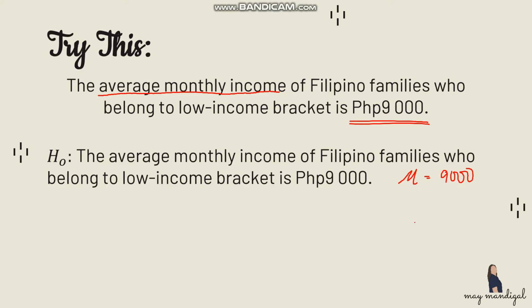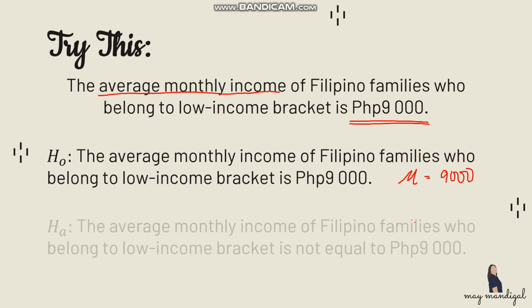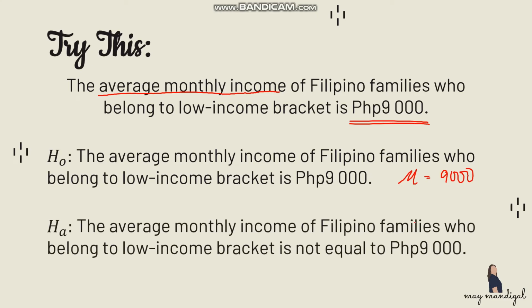For our alternative hypothesis, remember, we want to state that there is a difference between our population parameter and our hypothesized value. So what we do is we just negate this one, or contradict the null hypothesis. We can write our alternative hypothesis like this: the average monthly income of Filipino families who belong to low income bracket is not equal to 9,000 pesos.